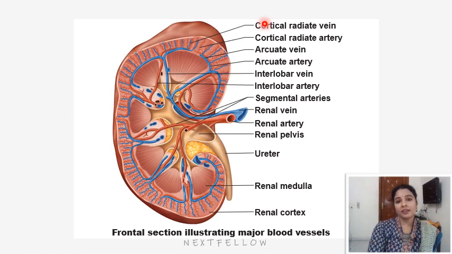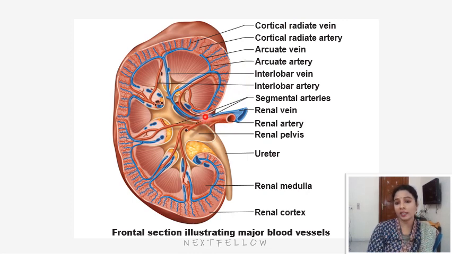The right artery is a little longer than the left, and the right renal artery passes behind the inferior vena cava and reaches the hilum of the right kidney, and the left renal artery passes posterior to the left renal vein.